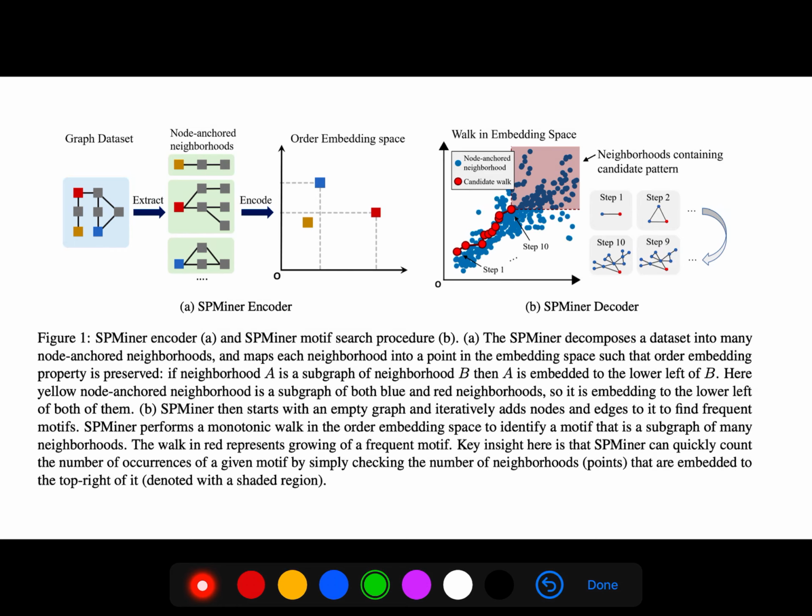For example, if neighborhood A is a subgraph of neighborhood B, then A is embedded to the lower left of B. And here the yellow node-anchored neighborhood is a subgraph of both the blue and red neighborhoods, so it is embedded to the lower left of both of them.